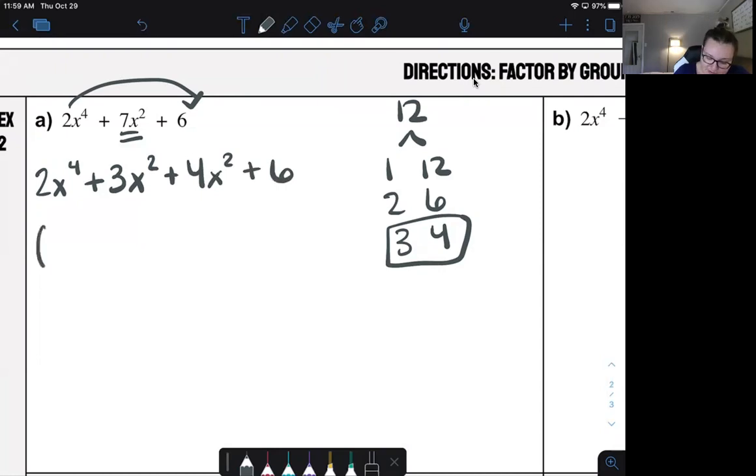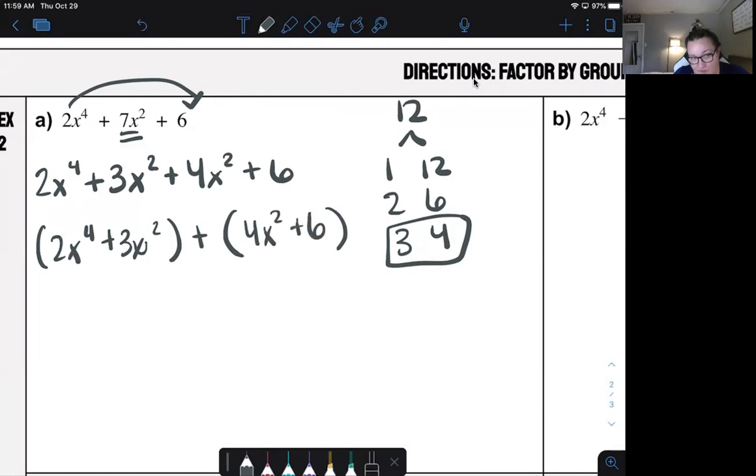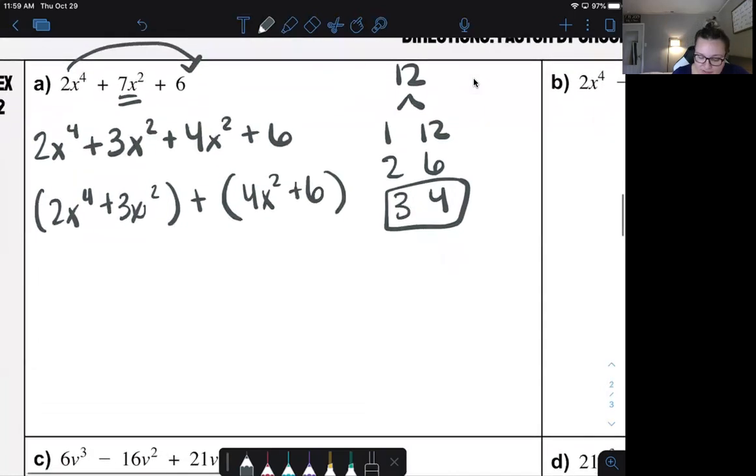So we're going to put our parentheses around the first 2, put a plus sign, and then parentheses around the second 2 terms. Now factor out the GCFs. So the GCF of 2x to the fourth and 3x squared is x squared. And then 2x squared would be left, plus 3. 4x squared plus 6 have a GCF of 2.